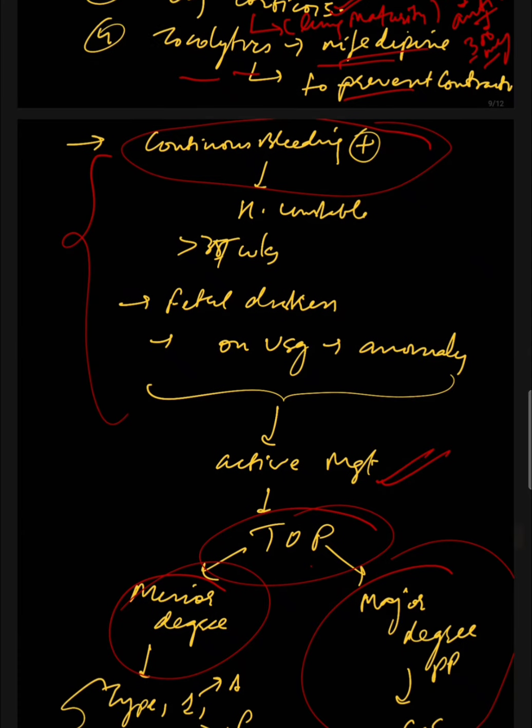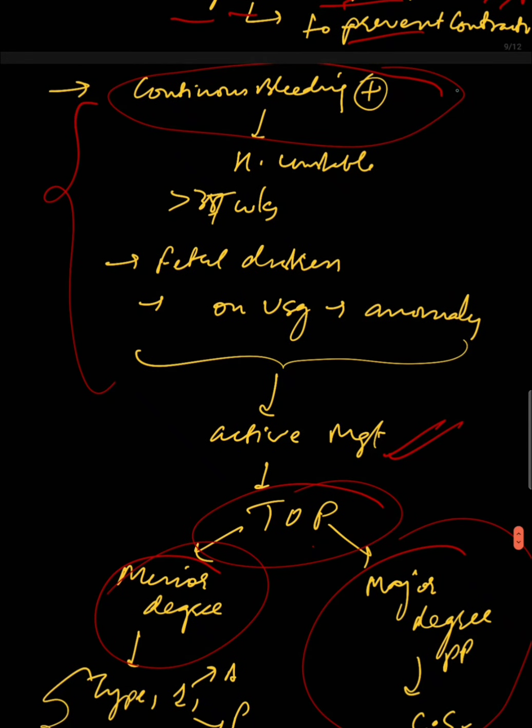All right. If there is continuous bleeding and the patient becomes hemodynamically unstable and there is fetal distress, we have to immediately stop expectant management and go with termination of pregnancy.